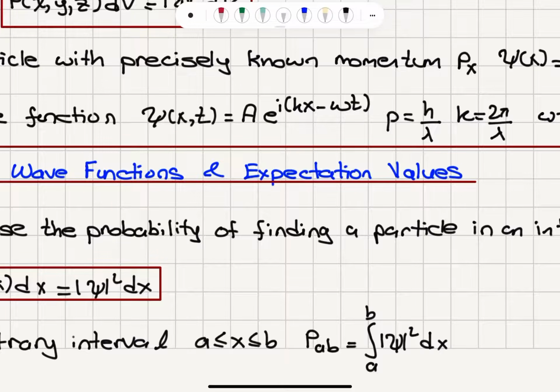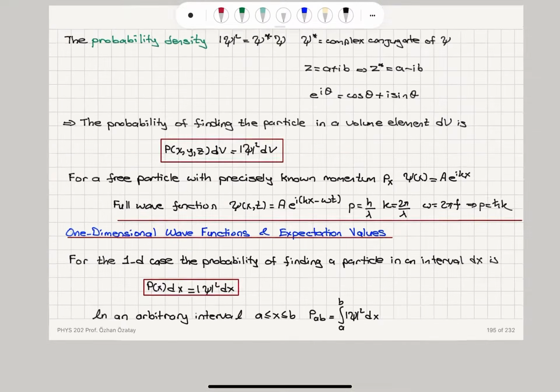This is basically counting, for each interval dx, the probability, and saying that the probability of finding the particle between a and a plus dx, or a plus dx to a plus 2 dx, etc., all the way up to b minus dx to b.